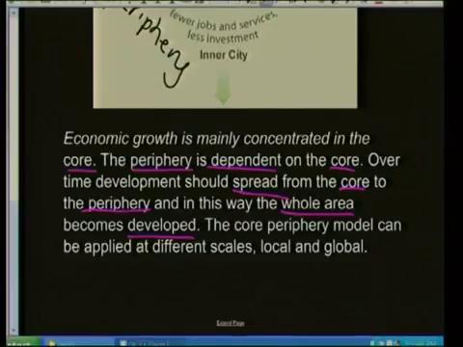The core periphery model can be applied at different scales. In other words, it could be at a local scale, it could be at a global scale, it could be at a regional scale. So, for example, in South Africa, Johannesburg could have different core areas, Randburg, Sandton, Fourways, and they would then spread that development to the rest of Johannesburg.